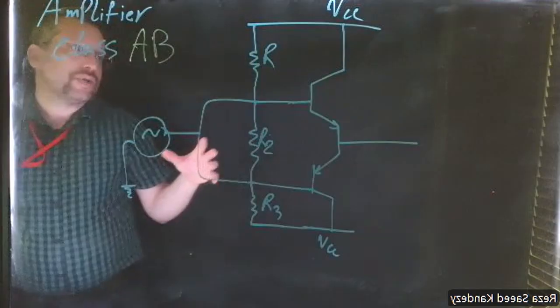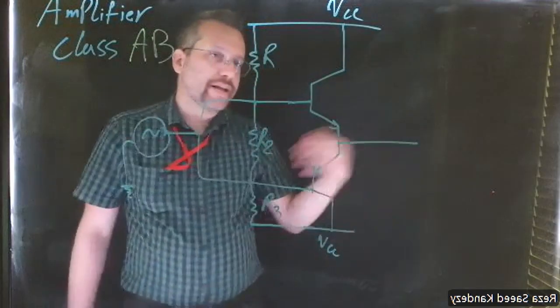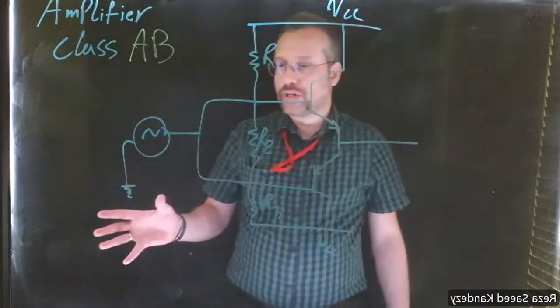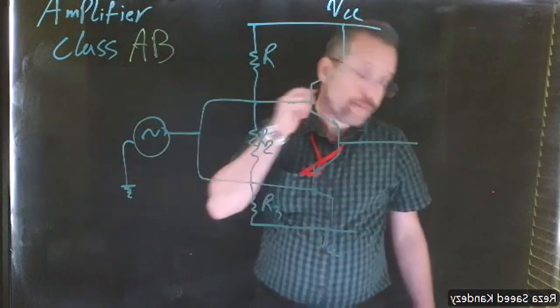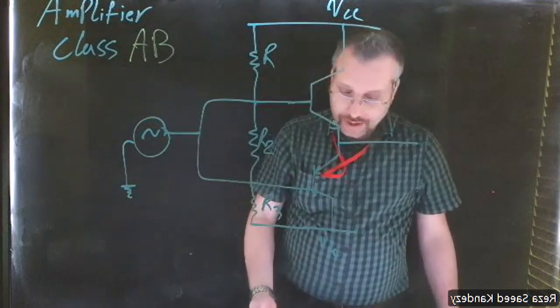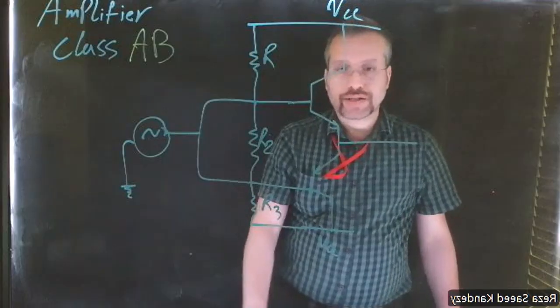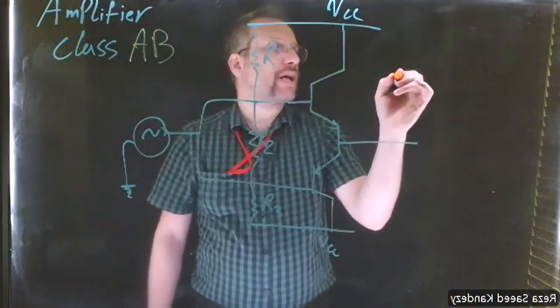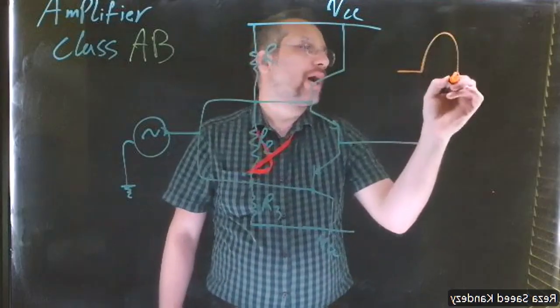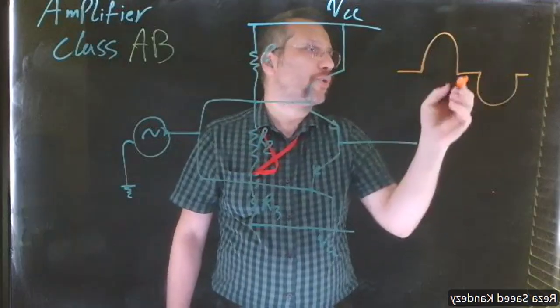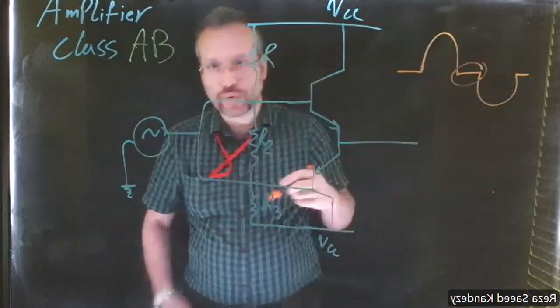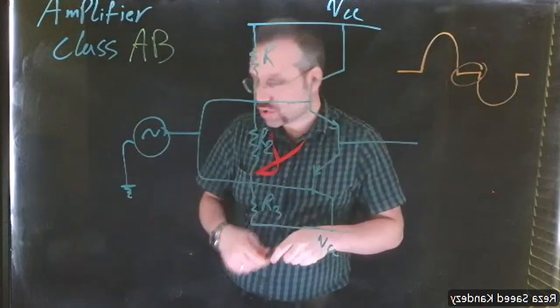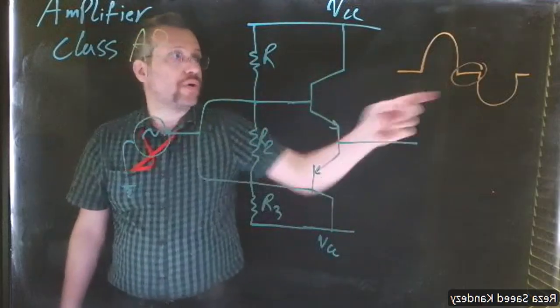Okay, now that we have covered class A and class B, let's talk about class AB, which is developed to address that distortion that we talked about. Before, we said that class B would have crossover distortion, zero crossing distortion, and we wanted to solve that.